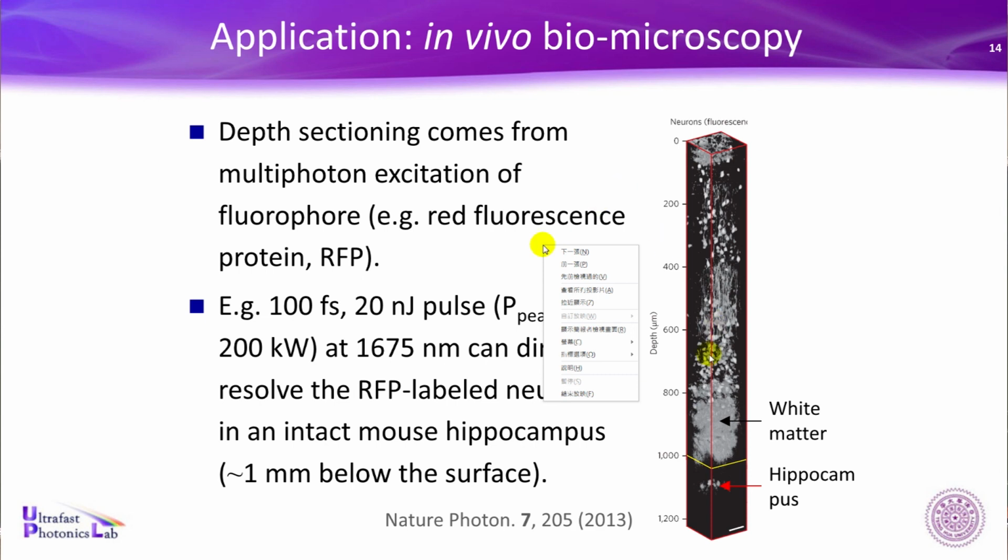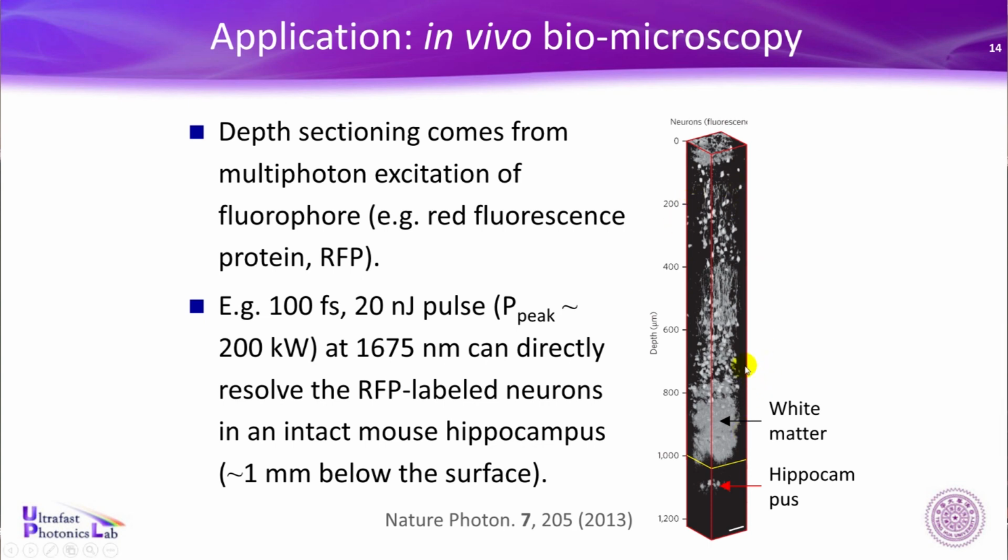this wavelength, things are different, because for femtosecond lasers, the photon density is very high, so it's possible that 2 or even 3 photons can combine together simultaneously. Then the total photon energy is now big enough to excite RFP.